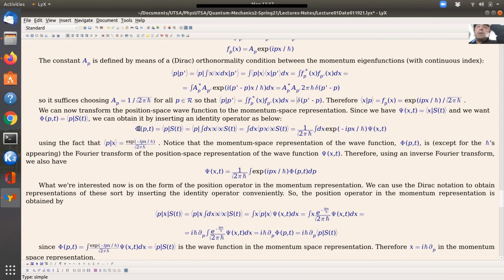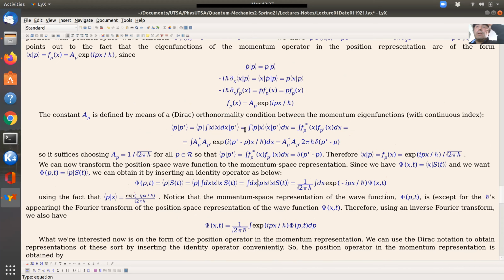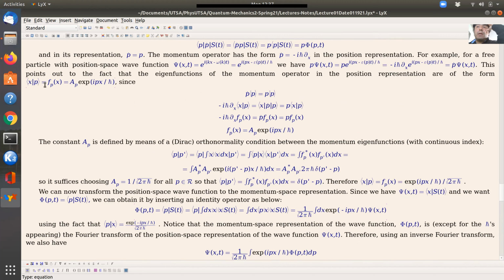So phi of p and t, the inner product of p with s, insert the identity operator over here. Then first of all, you can identify this projection. Second, you'll take out the integral and you'll have p x over here. Then this is already known, this is psi. And then you'll make use of the formula that you just found, because you'll have the conjugate of this, of course.